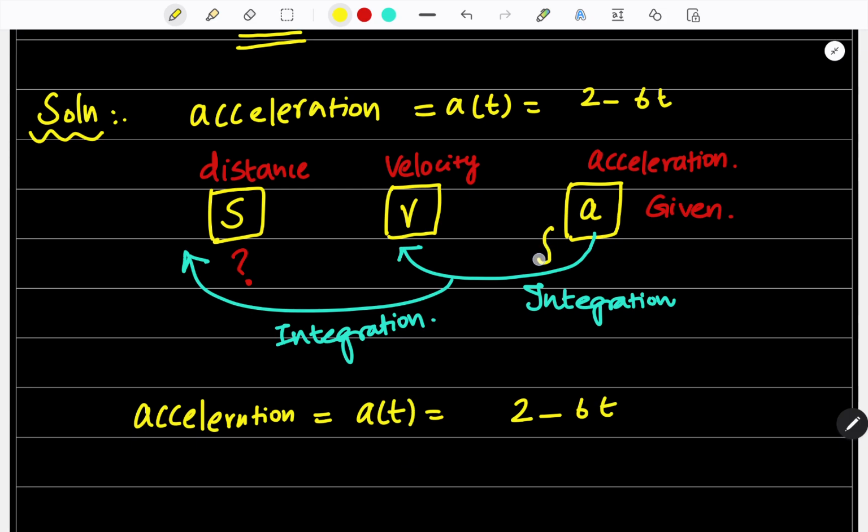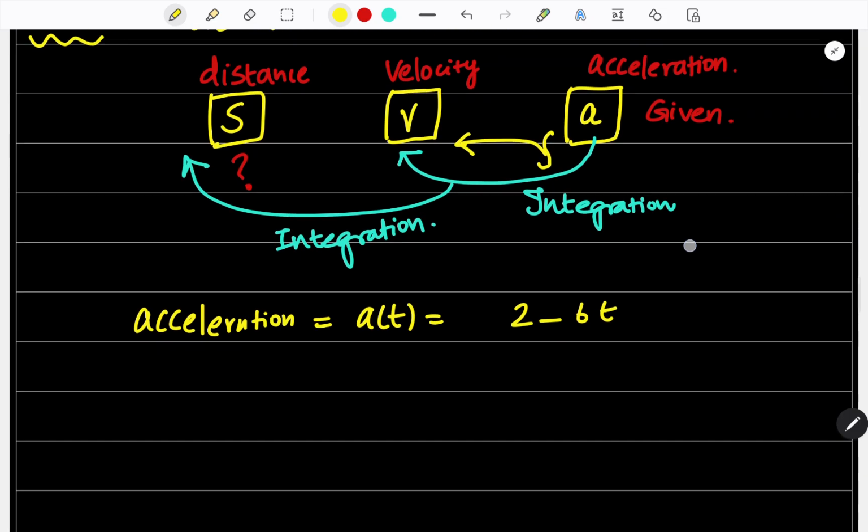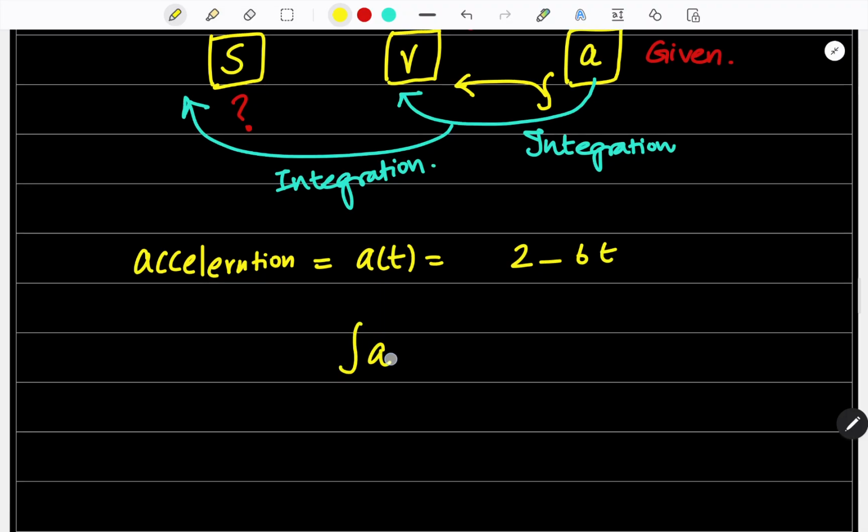If I integrate acceleration, what will I get? Velocity. So I integrate a of t dt. So I'm going to integrate 2 minus 6t dt. If I integrate, I will get velocity. Understand?